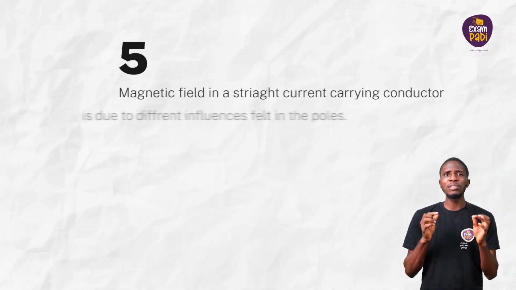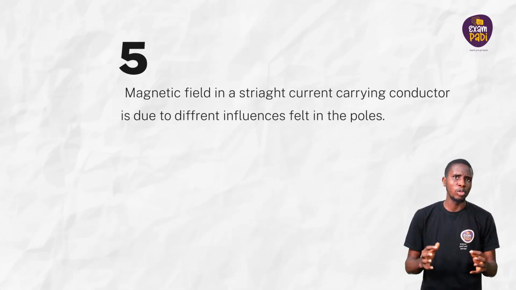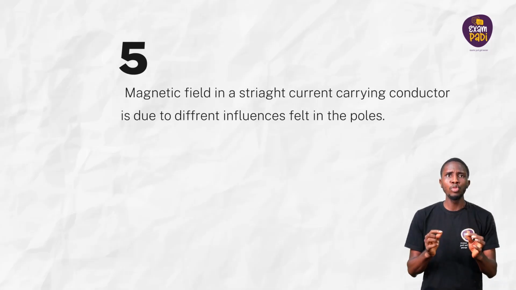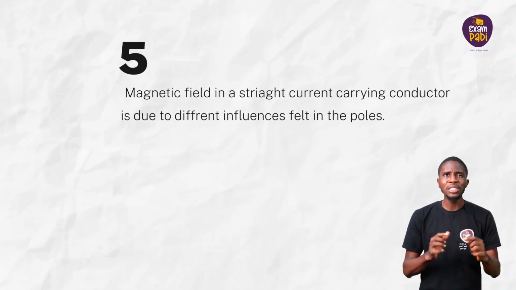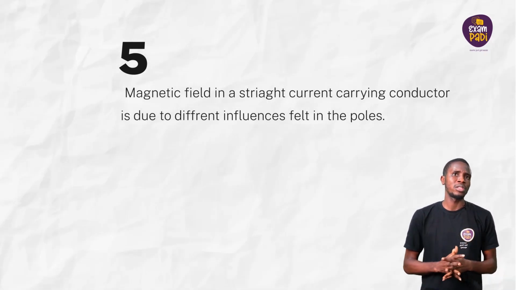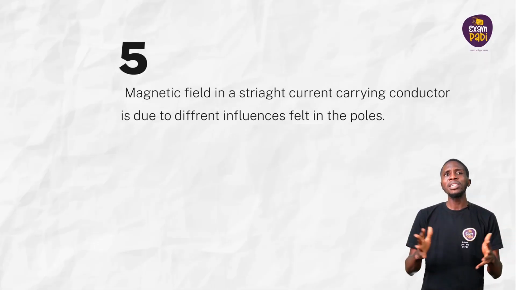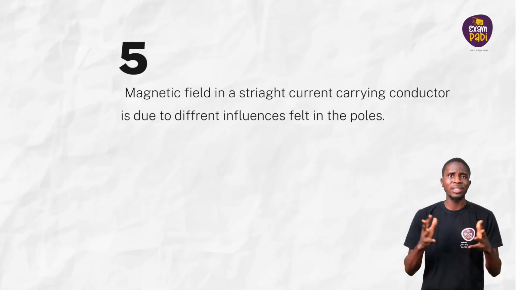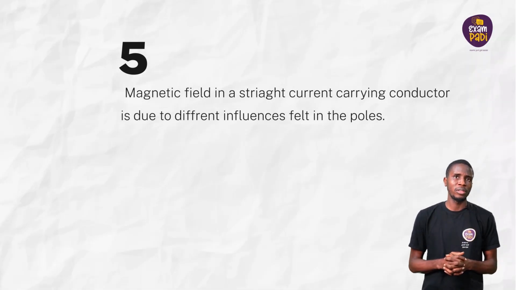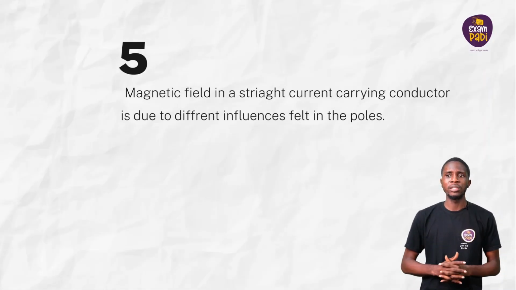Magnetic field in a straight current carrying conductor is due to different influences felt in the poles, as displayed in this image. Let's take a look at different cases.